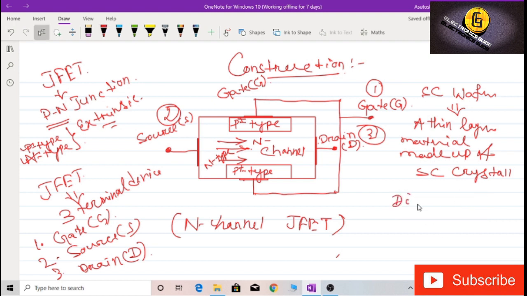By using the process of diffusion, the gate region is grown. A P plus type semiconductor is diffused into the N type substrate to develop the gate region.